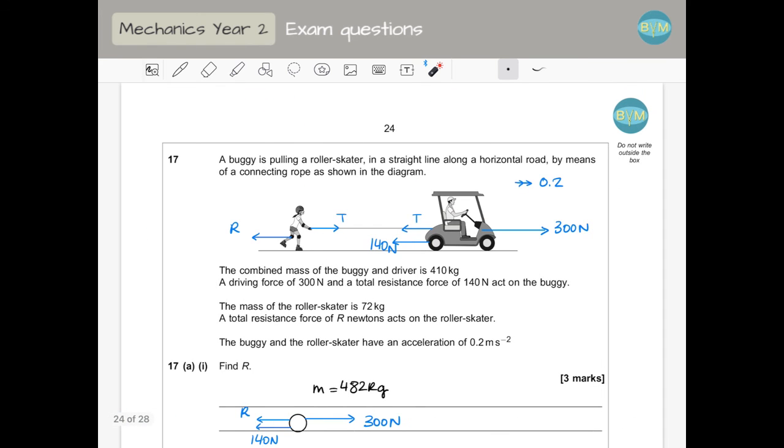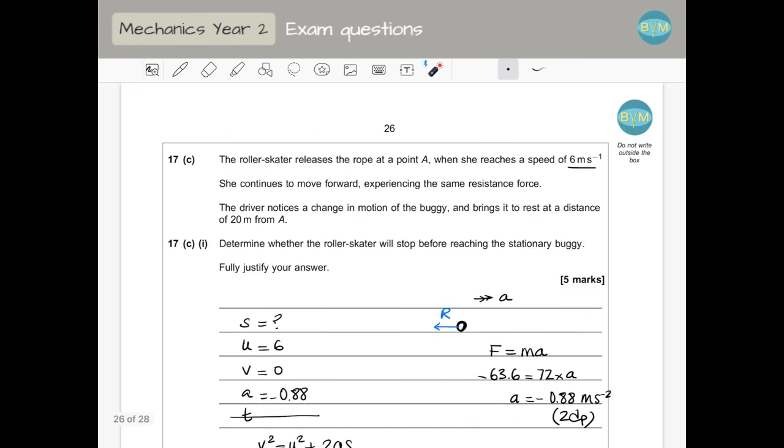So this tension disappears for the roller skater, but it disappears as well for the buggy. So the resultant force is now going to be 300 minus 140. I'm not taking away this one. So the resultant force is greater and acceleration will be greater. It will increase without the driver doing anything.